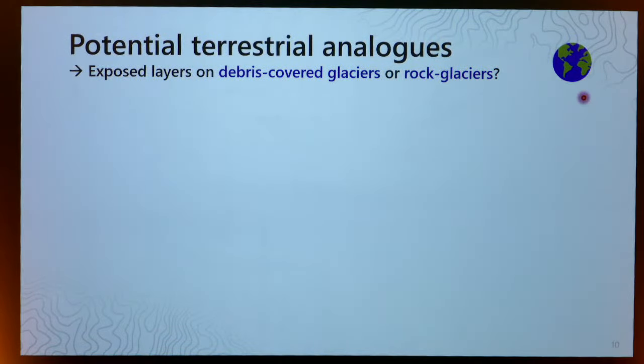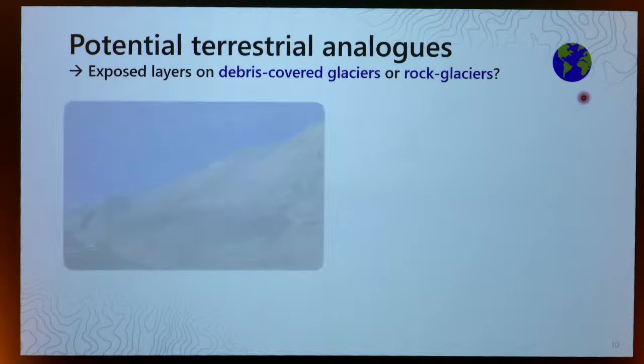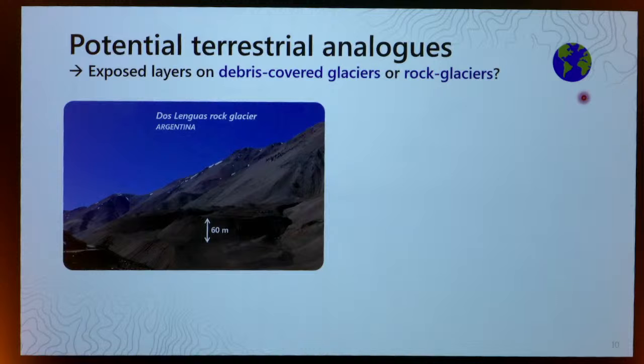So we decided to investigate what could be potential terrestrial analogs to try to understand the origin of these layers. We tried to look for debris-covered glaciers or rock glaciers that would be exposing layers on their steep front. The first site was actually suggested by Constanza Moreno. It's the Dos Lenguas rock glacier in Argentina.